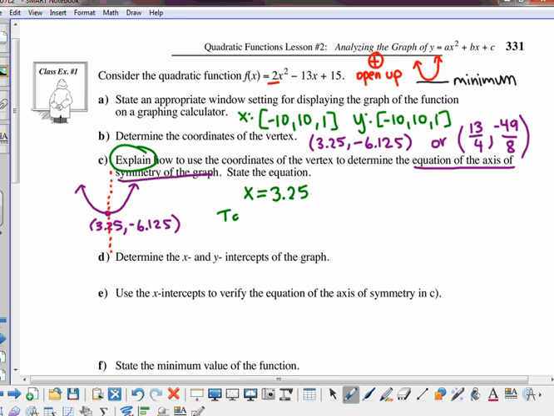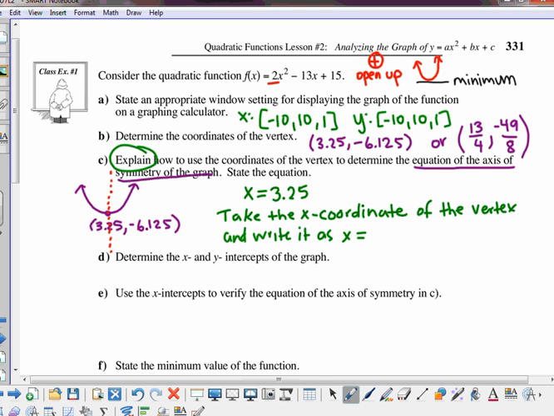So take the x coordinate of the vertex and write it as x equals the x coordinate that we got.